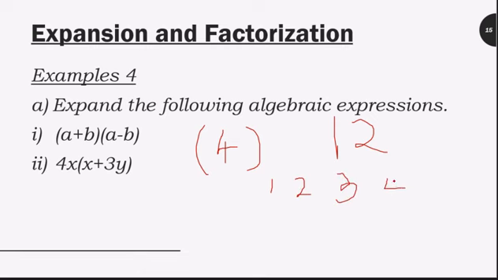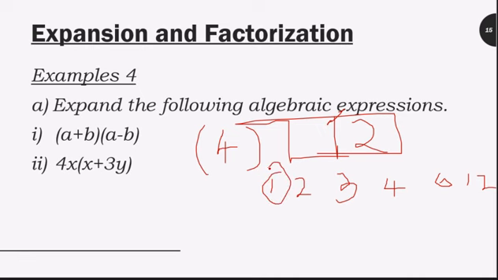If you express 12 in its factor forms, let's say 1 and 12, you put 1 and 12 in two separate brackets, and they tell you to expand. They are simply telling you to multiply 1 by 12.